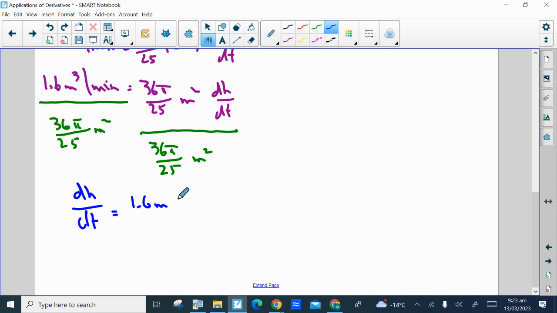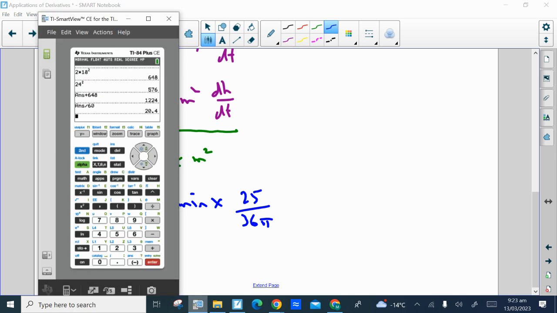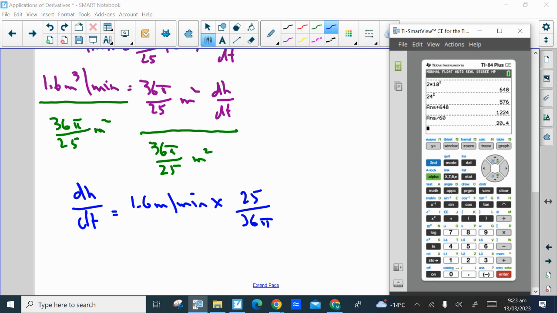So it'll be 1.6 meters per minute, because you're also dividing meters cubed by meters squared. And we multiply by the reciprocal, which is 25 over 36 pi. And 1.6 times 25 is 40.